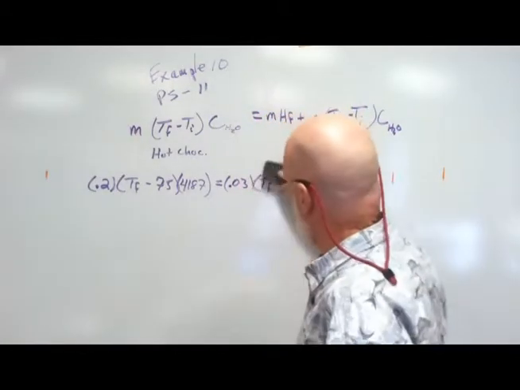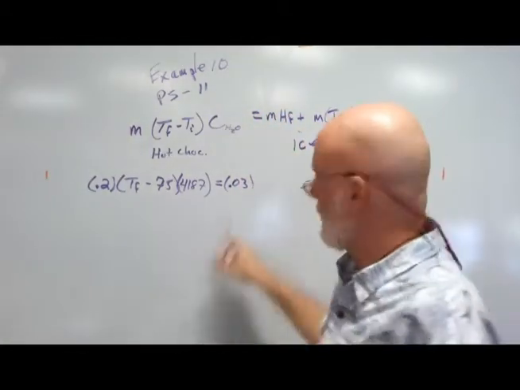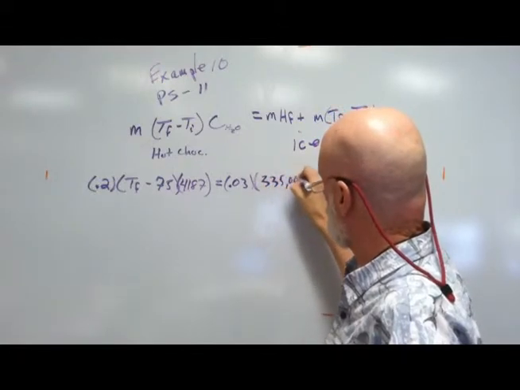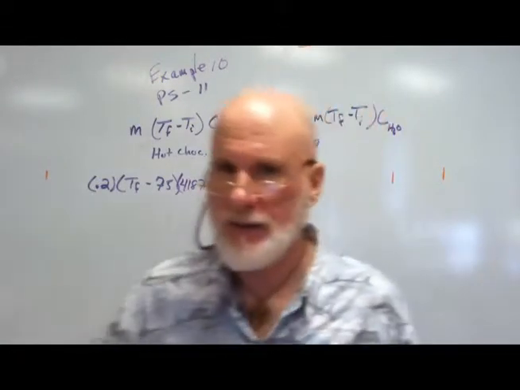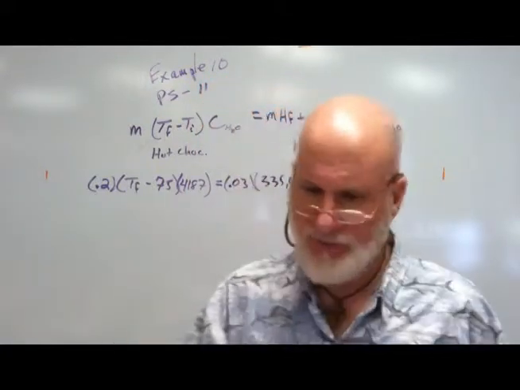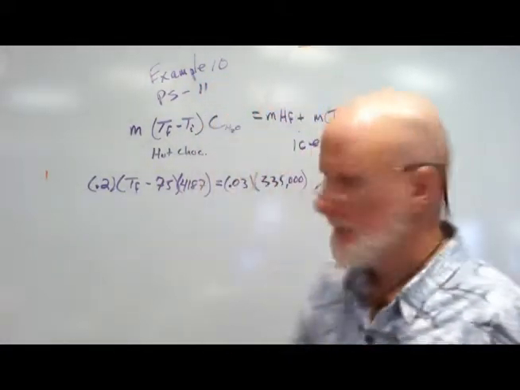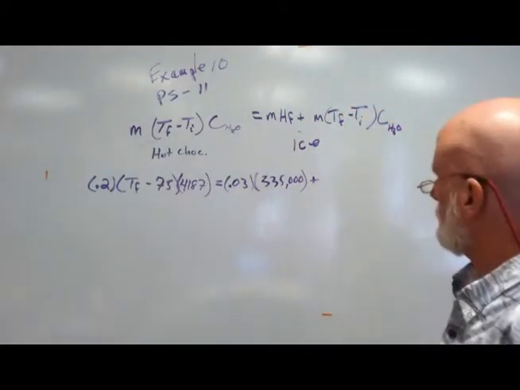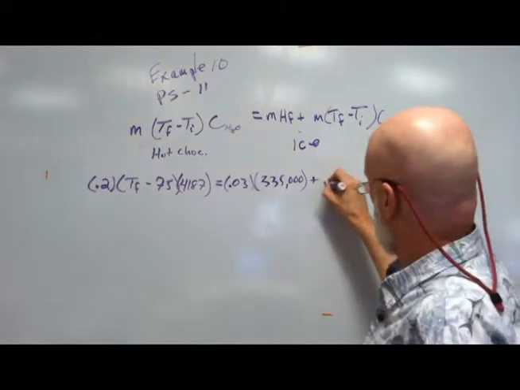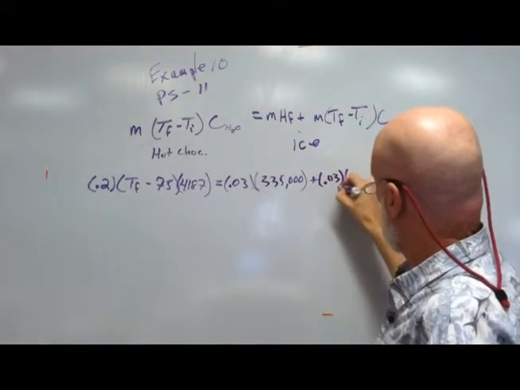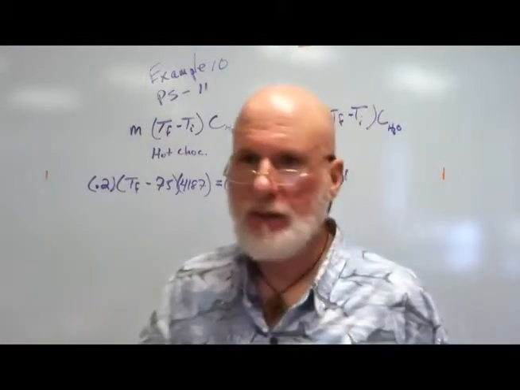It'll be 0.03 times 335,000. Isn't that correct? Isn't that what we said before? Yes. Okay, all right. Plus 0.03, right?